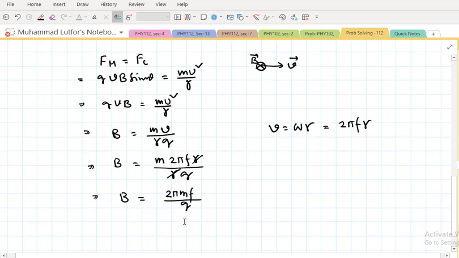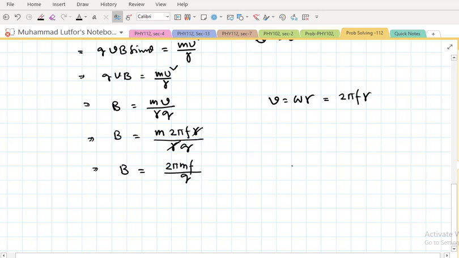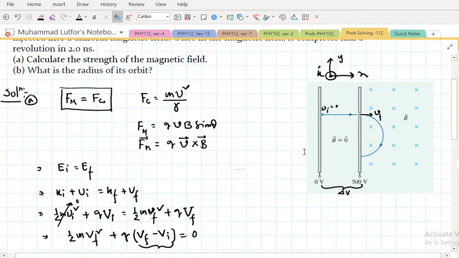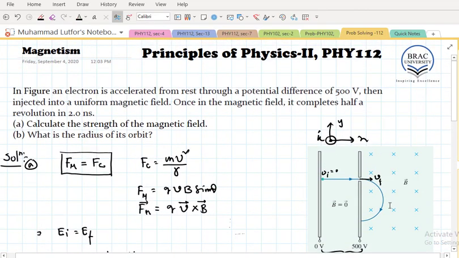Now m is the mass of the electron and q is the charge. And what is the f? It's the frequency. Frequency we can find out, which is actually 1 over t, inverse of the time period. But in the question they gave that this electron creates this semicircle or half circle in 2.0 nanosecond, half revolution.